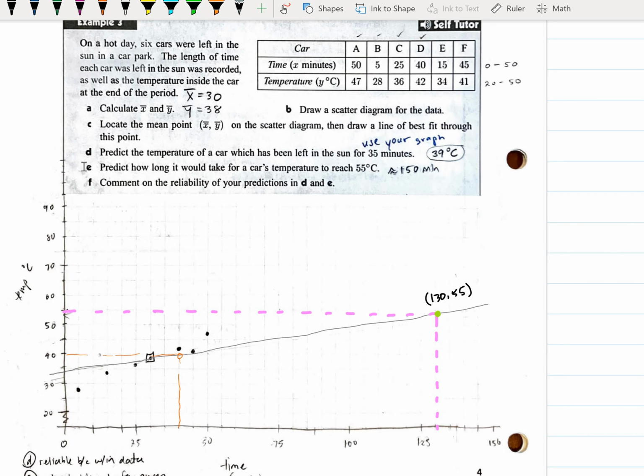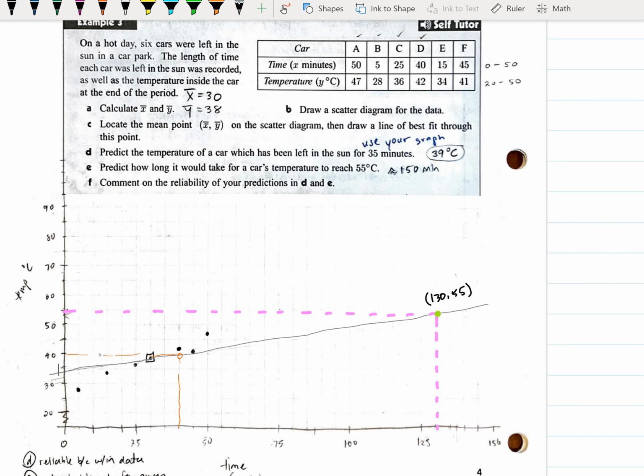So now I am over here at 55 degrees on my y-axis. And I'm going to draw that across until it hits my line of best fit, and then go down to my x-axis until it hits the time. And in this graph, it looks to be about 130 minutes.